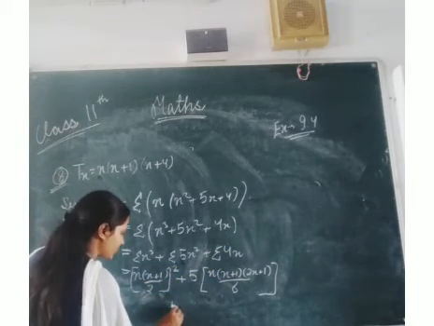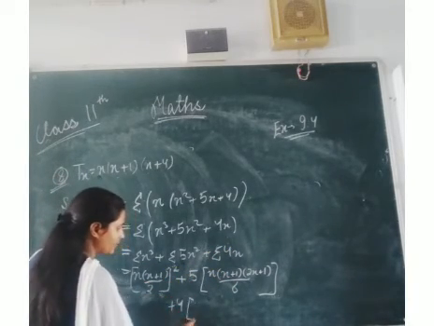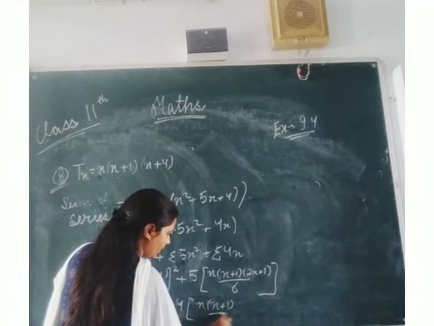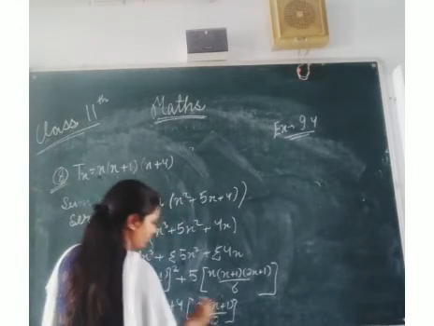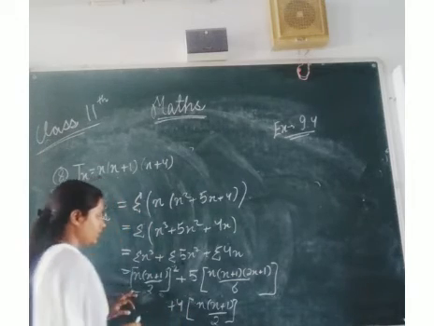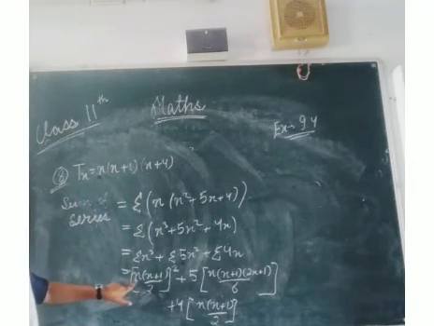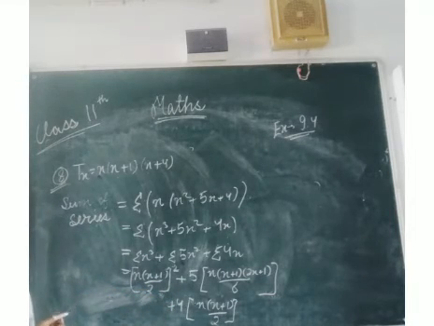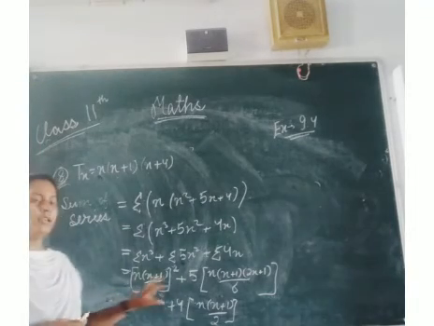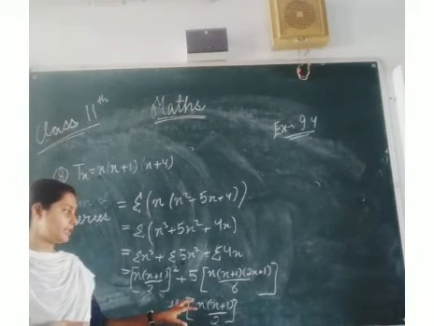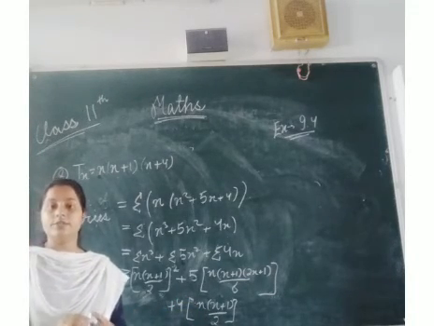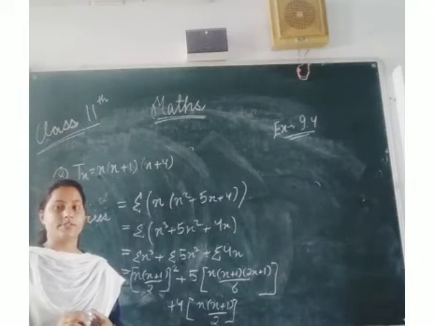So 4 we took outside the summation, and we will have the value n plus 1 by 2. Now you can take n plus 1 by 2 common from this. Simplify it in a simple way, bring it to the lowest form, and that will give you the sum of n terms of this series.